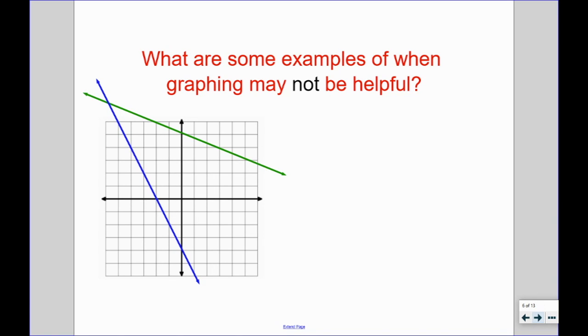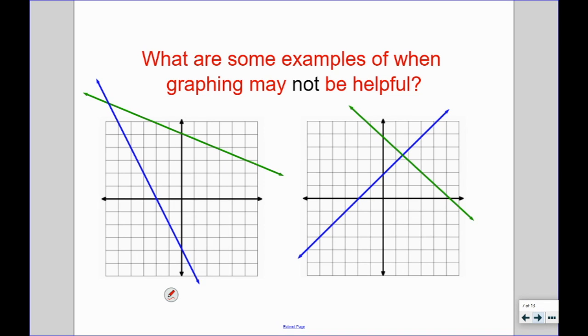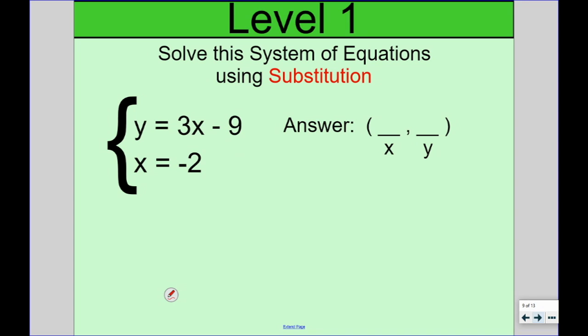The point where they cross might be clear off the graph, so it might be hard to figure out what that point is. Or maybe it's a fraction or a decimal where they cross, and we don't know exactly what that is.